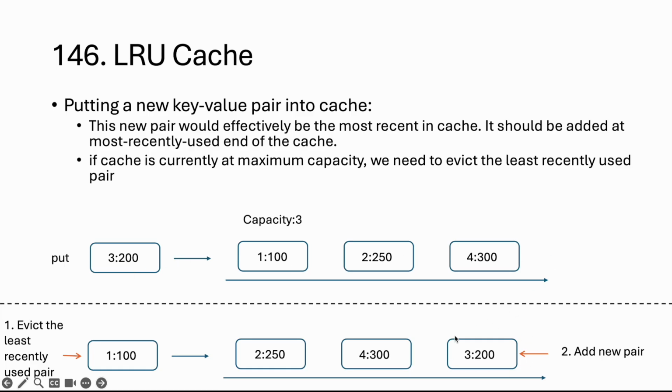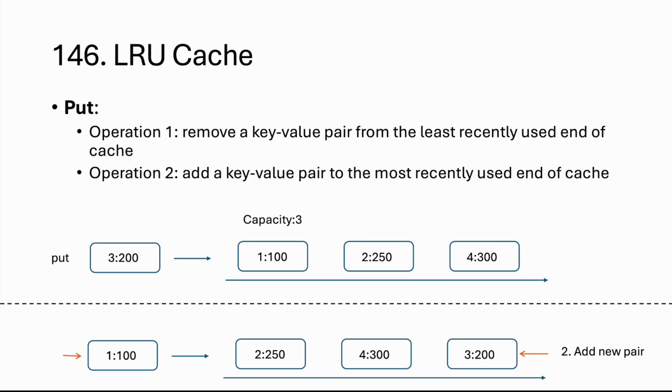It should be added at the most recently used end of the cache. If the cache is currently at maximum capacity, we need to evict the least recently used pair. It involves 2 operations. One is to remove a key-value pair from the least recently used end of the cache. The other operation is to add a key-value pair to the most recently used end of the cache.